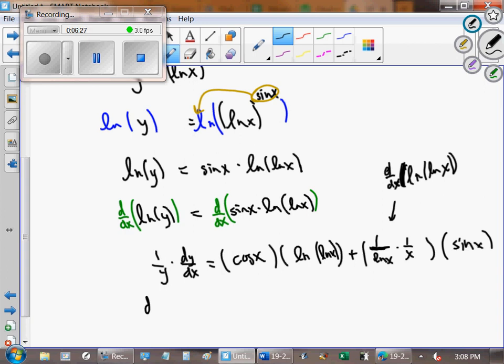So as awkward as it was, if we bring that y over, we have a nice little cosine x ln ln x. And we have a sine x over x ln x.